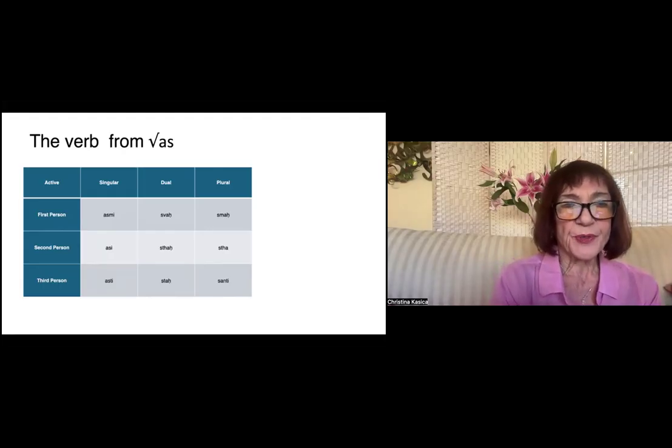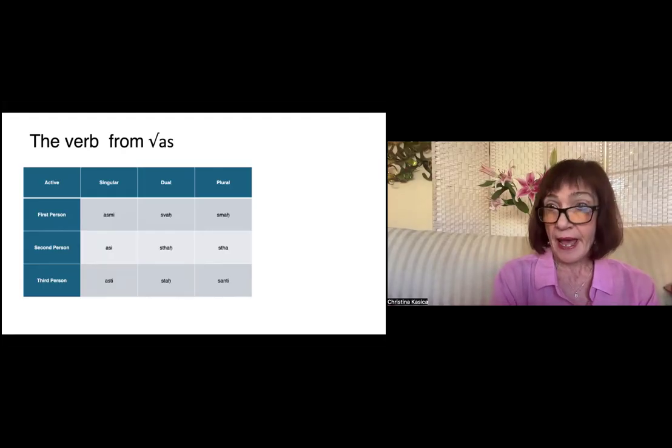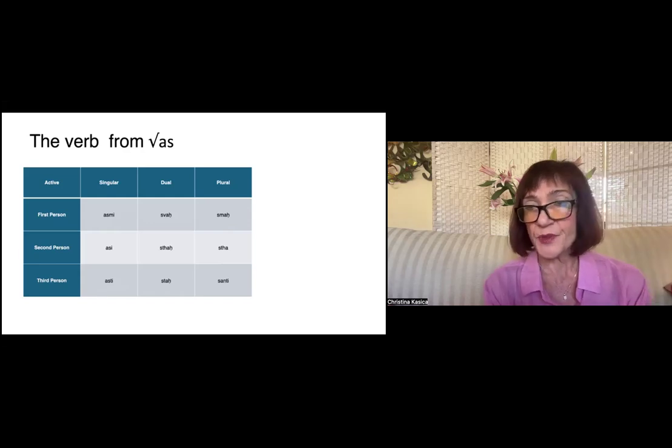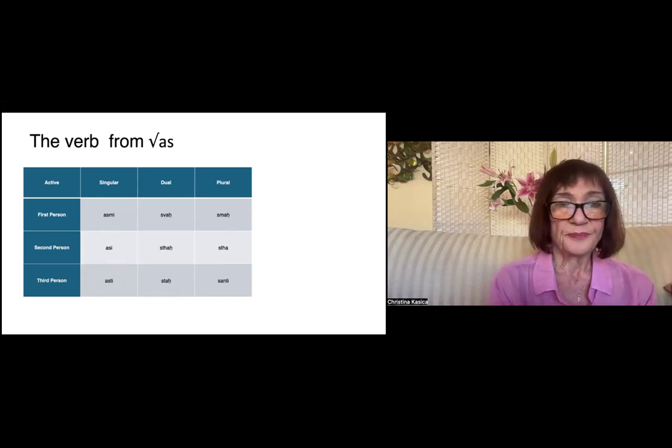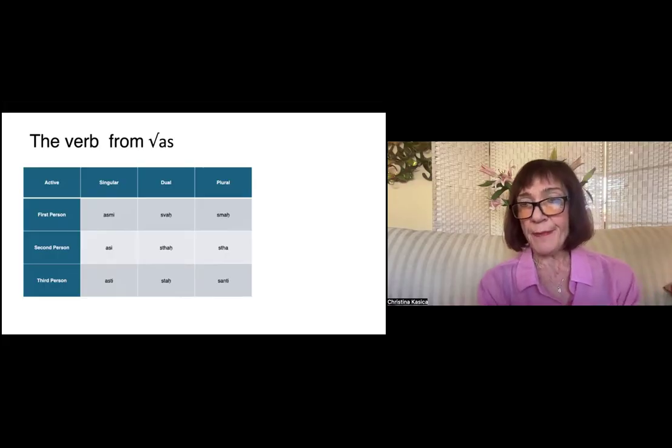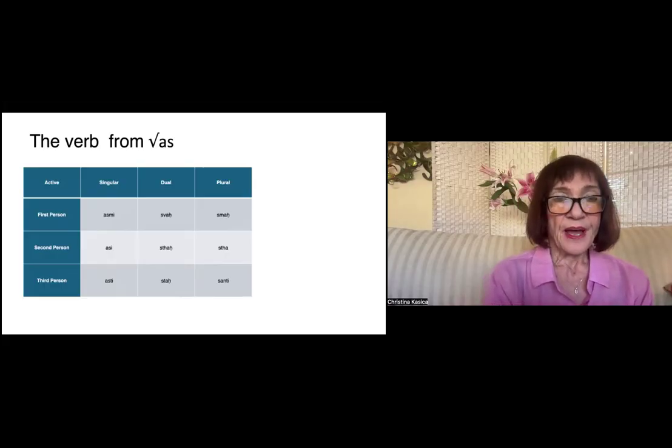So these are the forms of the verb to be. The first person singular would be I am. The dual would be both of us are. And the plural would be a lot of us are. So it's I am, we two are, or we many are. Now, the second person would be you are, asi.